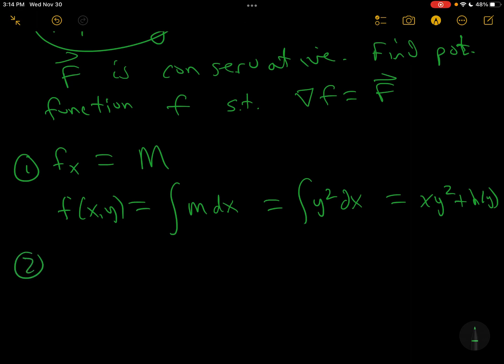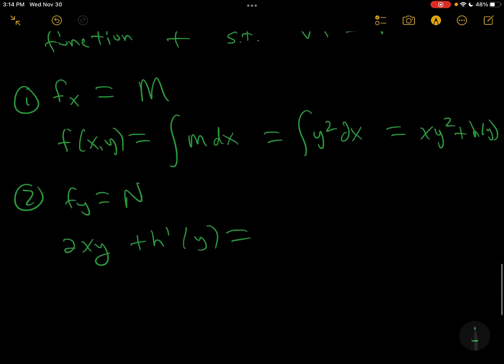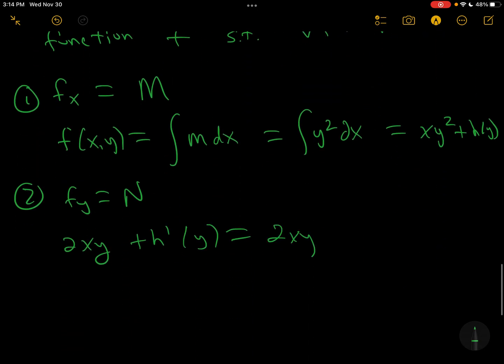You know, f sub y equals n. And what's f sub y? F sub y is 2xy plus h prime of y, and that equals n, which is 2xy. This says h prime of y equals 0. So h of y equals a constant.